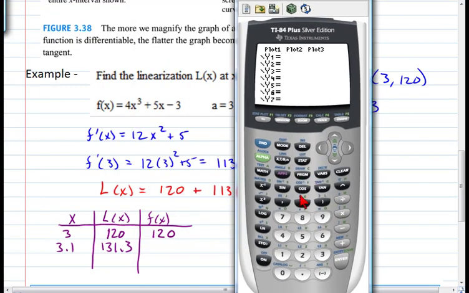If we plug in the function, yikes, f of x equals 4x to the third plus 5x minus 3.